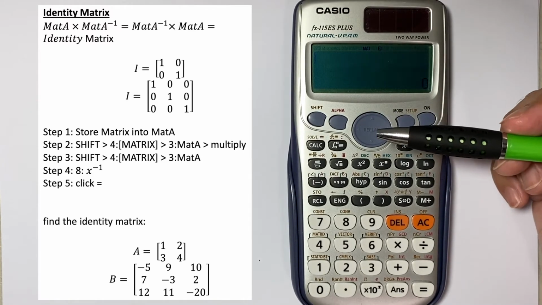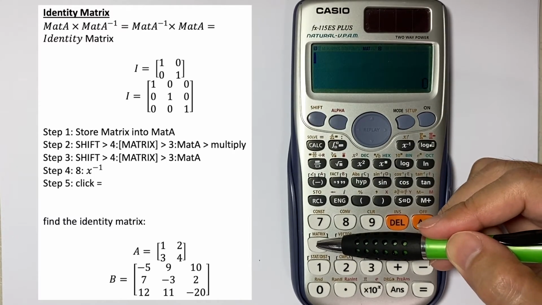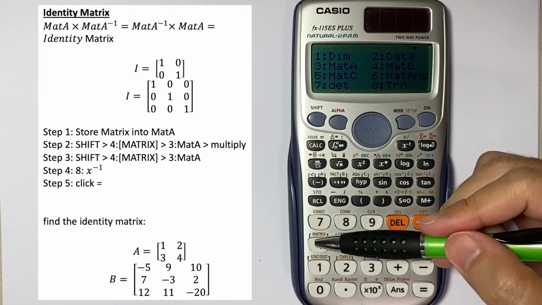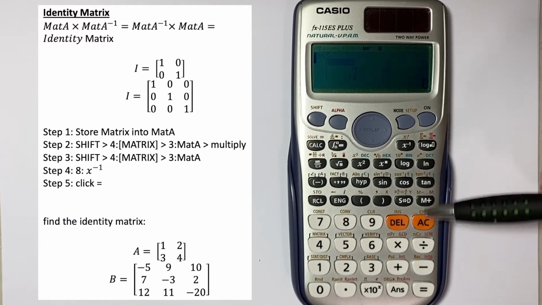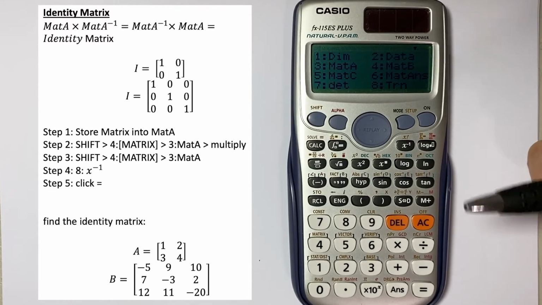So we go to Shift 4, just to double check the matrix B, and this is what we entered a while ago. Okay, go to Shift Matrix.